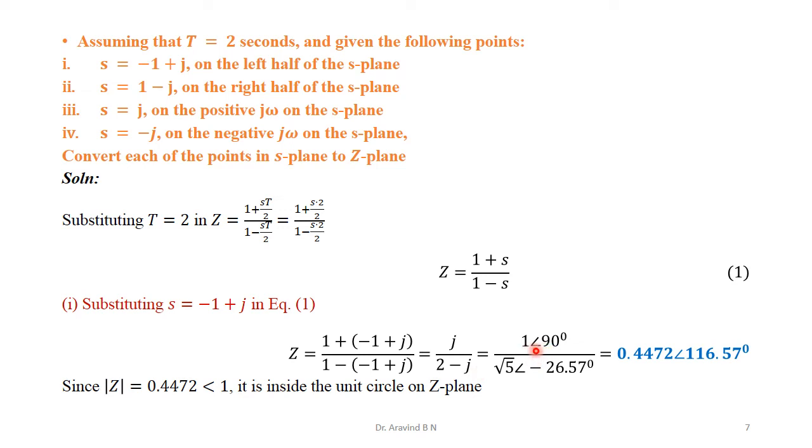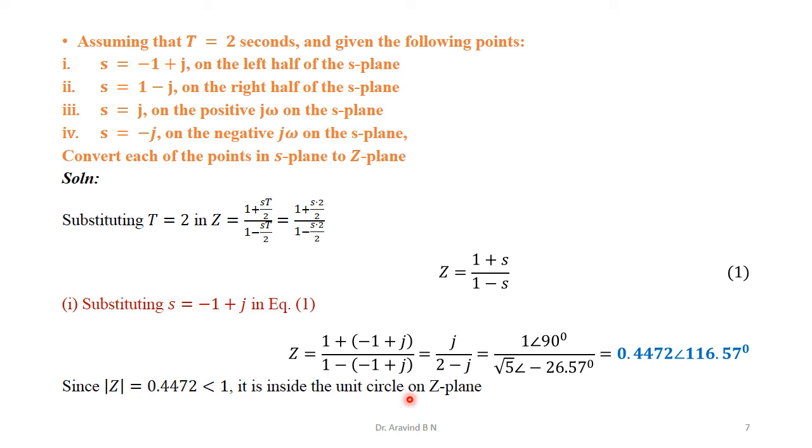In the numerator we get 1 at an angle of 90 degrees, and then the denominator. After simplification, we get the final answer as 0.4472 at an angle of 116.57 degrees. This indicates that the magnitude value is less than 1, therefore this value lies inside the unit circle of the Z plane.